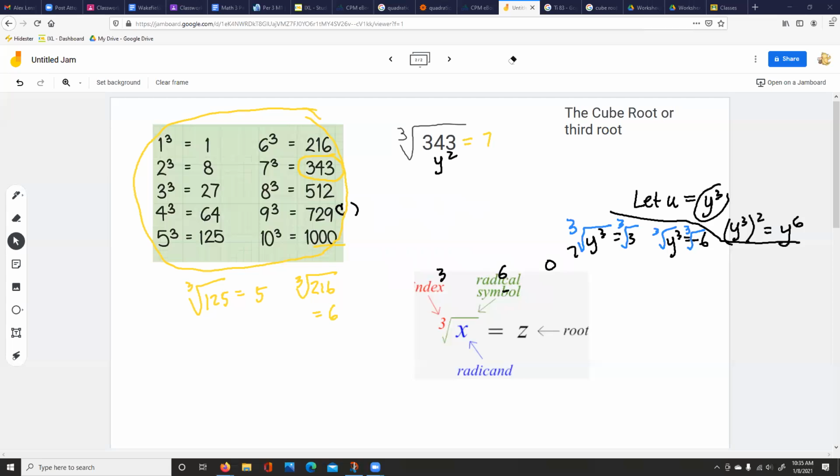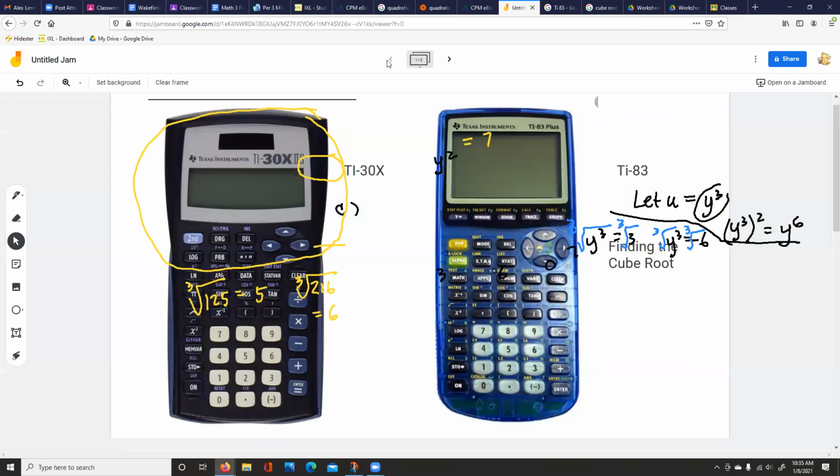You just have to find your button. Don't you press the up arrow button and then the number? You put the number first and then the up arrow button, but you have to press second. Let me get my eraser. I need to erase some of this because it's in the way.